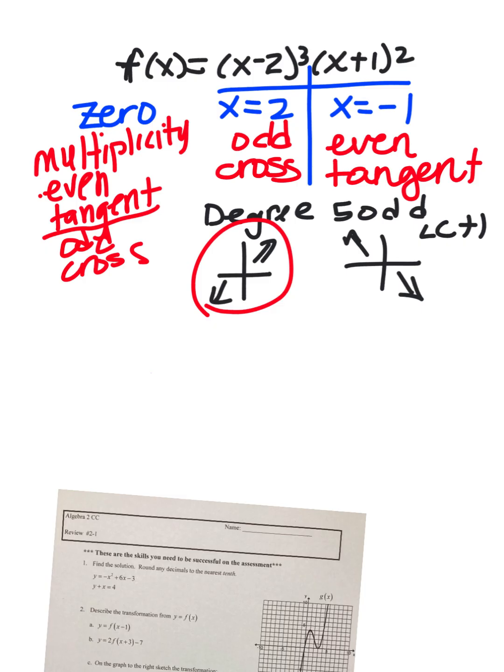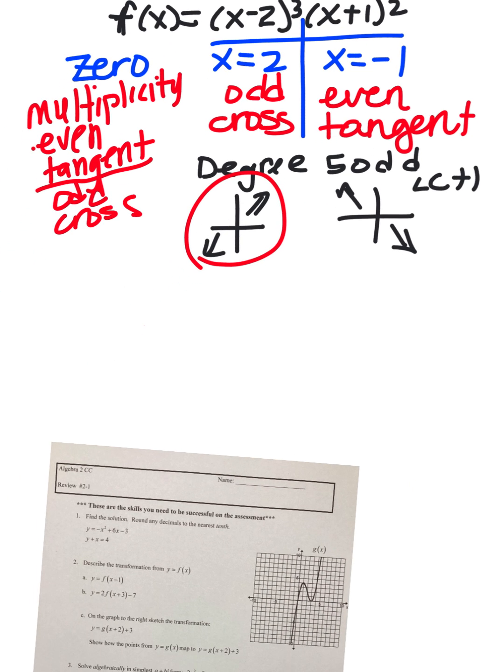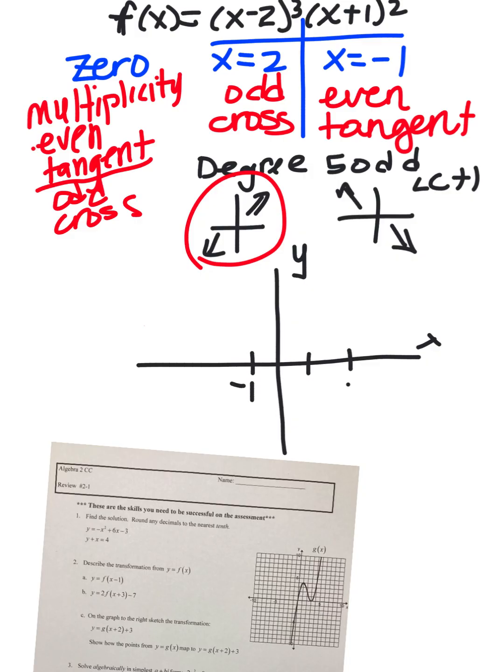All right, so now draw your axes. X, Y. Plot your points. So we have -1, 1, 2 here. Remember, it's going to be down on the left, up on the right.